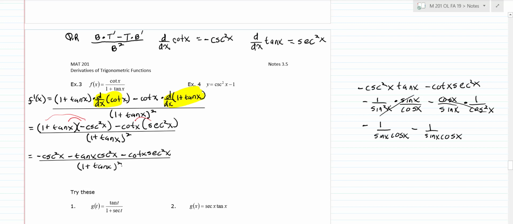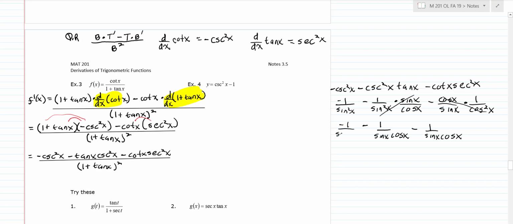All right. So now I'm kind of thinking I just need to add this in over here. So I have negative cosecant squared x like this. Now I could bring that down and just write that as negative 1 over sine squared x.